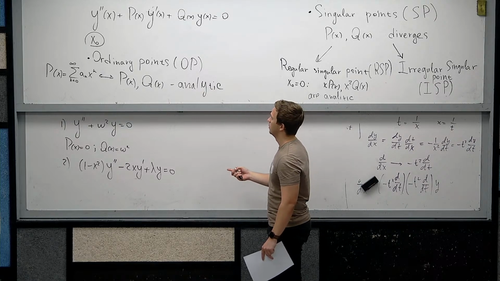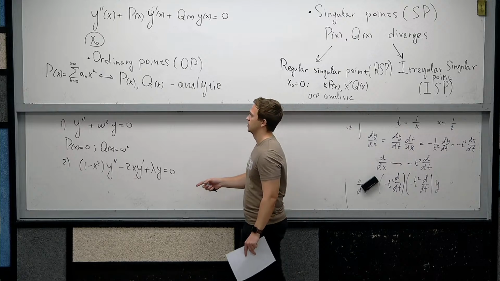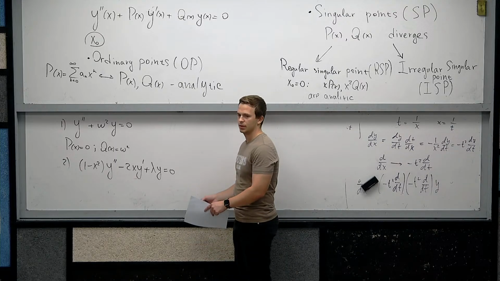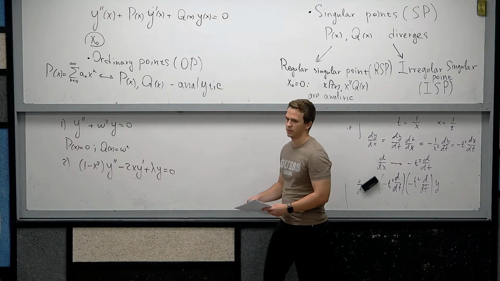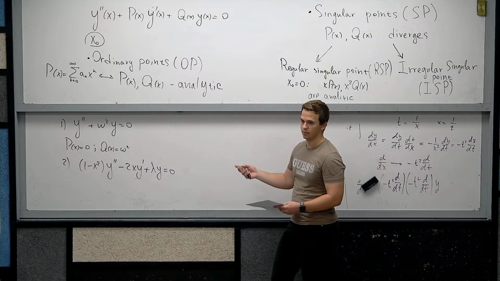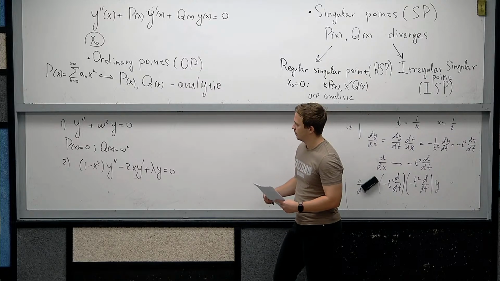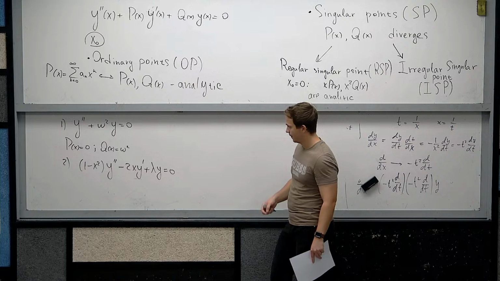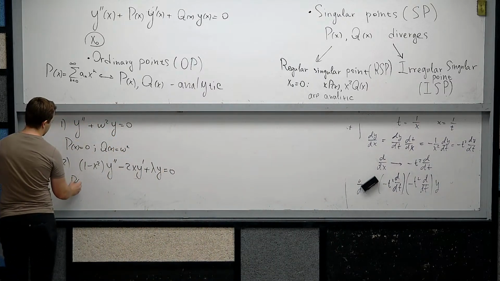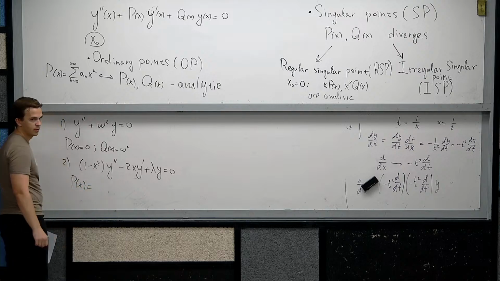First of all, you say that, for example, x equals 0 is, and then say whether it's a regular singular point or an ordinary point. So, what is p of x, by the way?